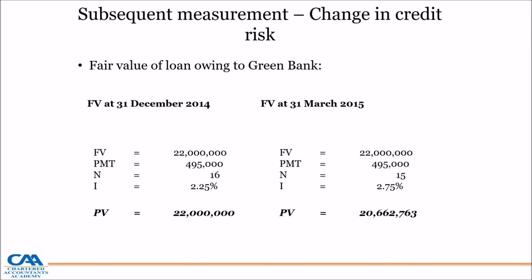So you then get your fair value. So your fair value adjustment will be your 22 million minus the 2662. And this fair value adjustment has not been separated to say this is in relation to credit risk and this is in relation to market movement. We're saying this fair value adjustment takes into account both credit risk and market movements.